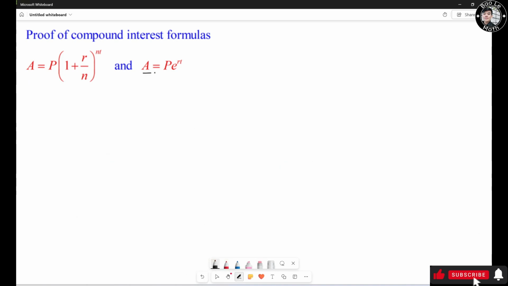Now we're gonna prove this formula. Now we have the amount of 1 year, which means t equals 1, right? So the formula becomes A equals P times 1 plus R over n raised to the power of n, right?